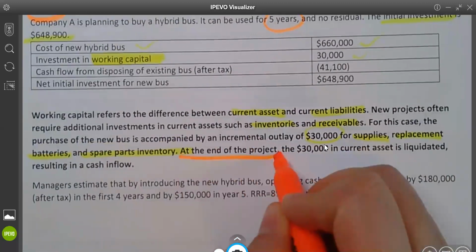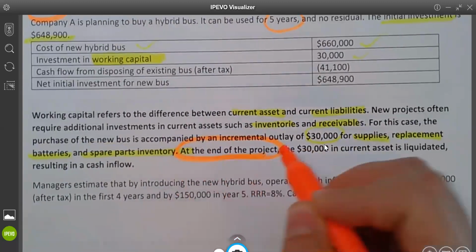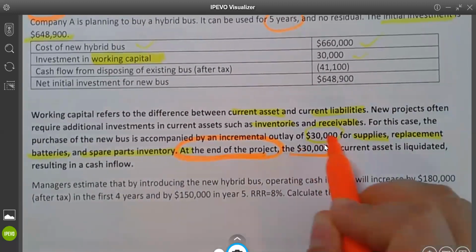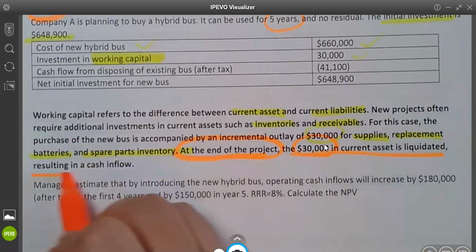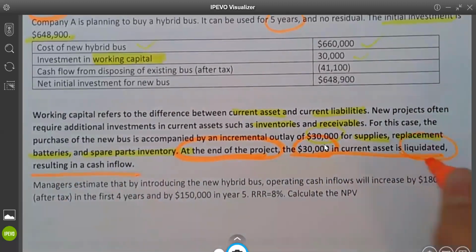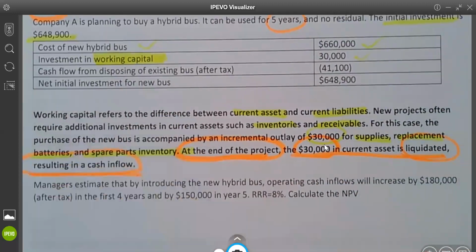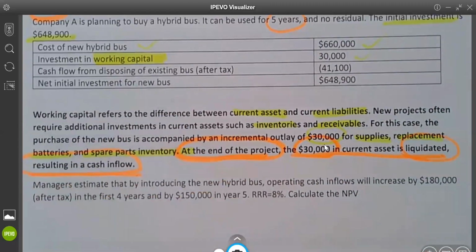At the end of the project, what will happen? When you dispose of the bus, when you sell the bus, you will also sell the extra inventory and get your 30,000, liquidated, and then get your money back.